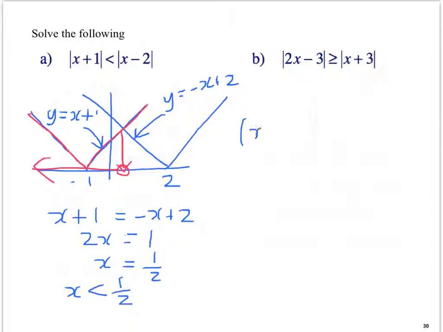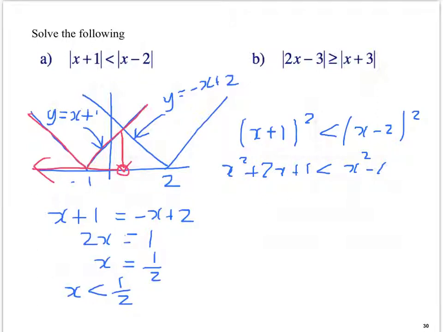So we could go x plus 1 squared is less than x minus 2 squared. So that's x squared plus 2x plus 1 is less than x squared minus 4x plus 4.